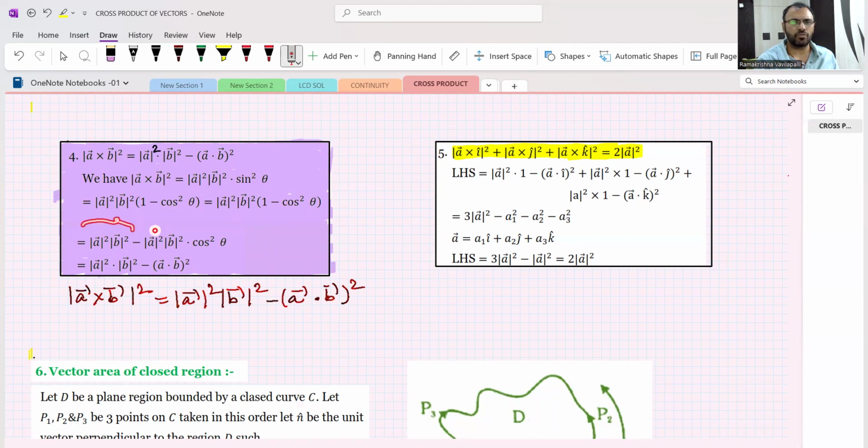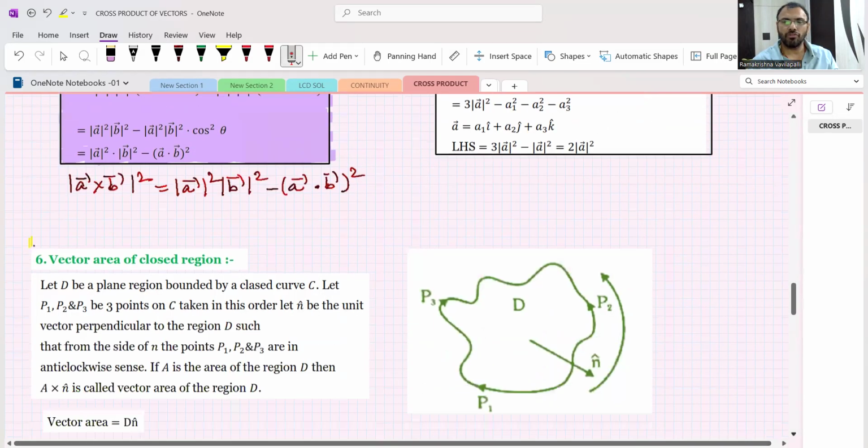Split it into two terms. This mod A square into mod B square cos square theta is nothing but A bar dot B bar whole square. So that I have written. So this formula is very, very important.